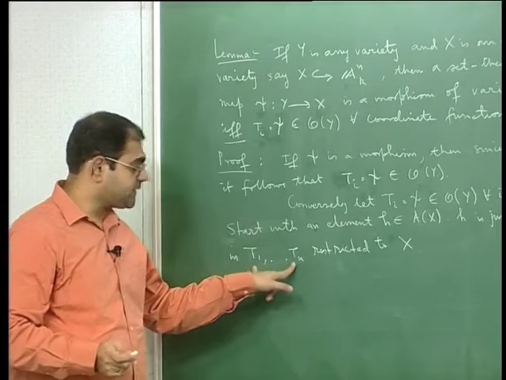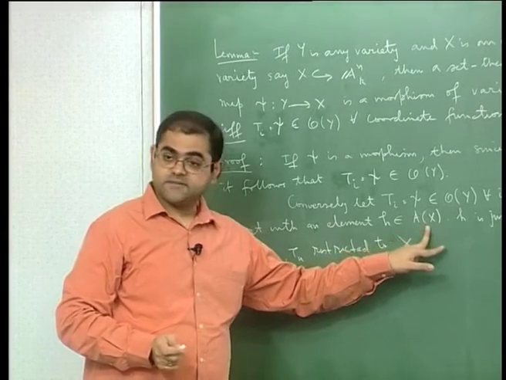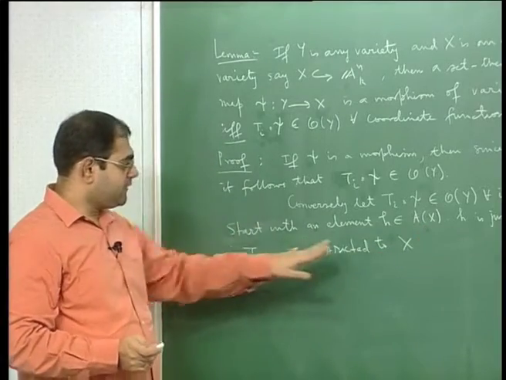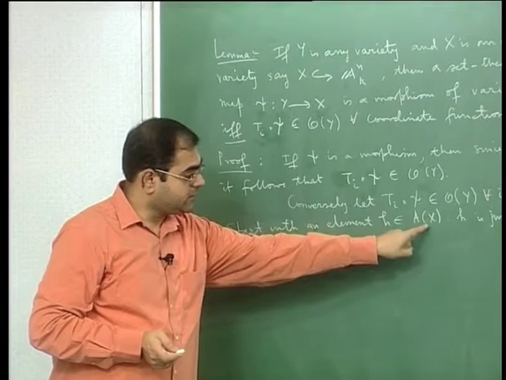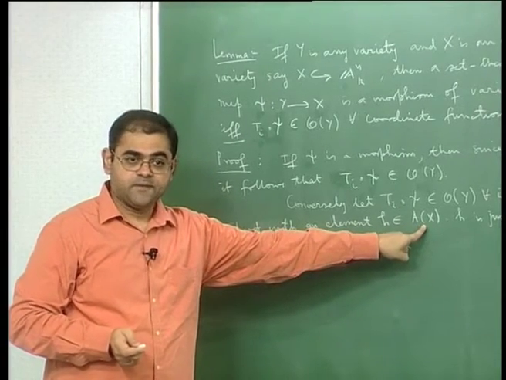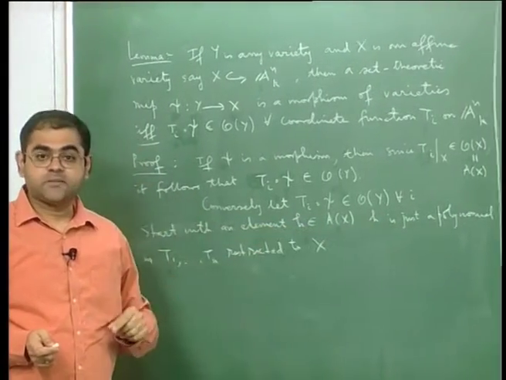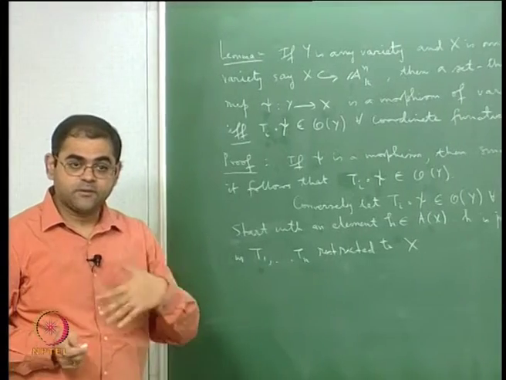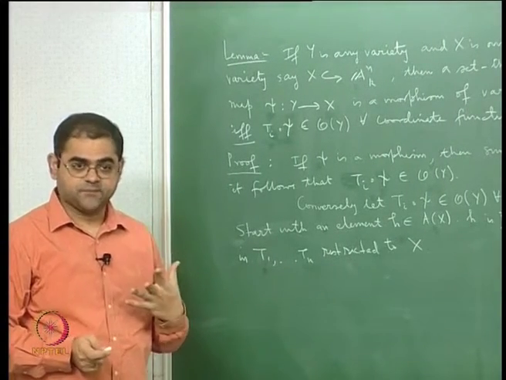So the polynomial ring generated by this is the set of all polynomial functions on the affine space in which X sits, and any element in the ring of polynomial functions on X is the restriction of a polynomial to X. But of course the function is uniquely defined, but the polynomial is not uniquely defined. It is defined only up to addition by an element of the ideal of X.